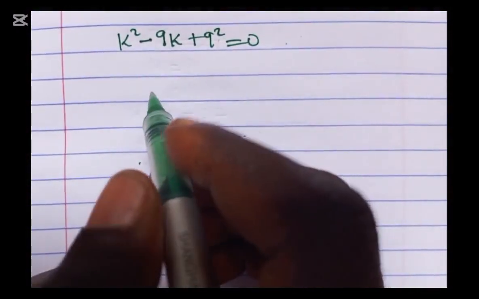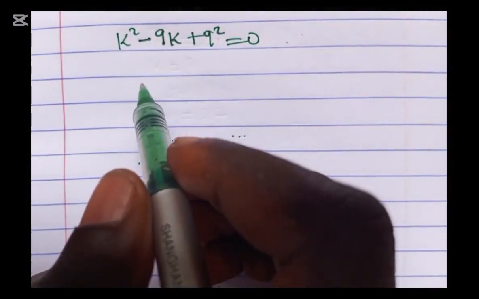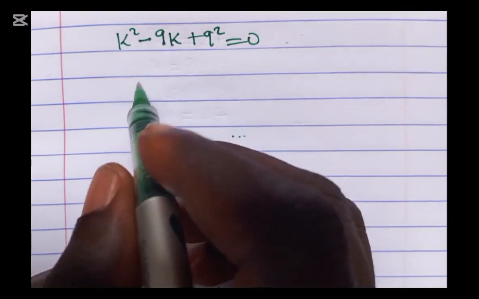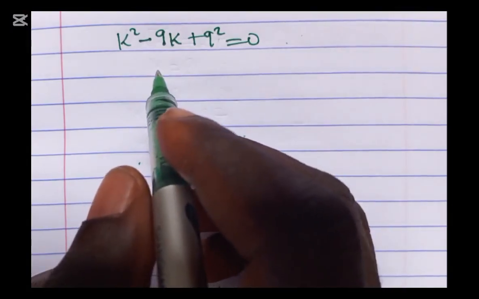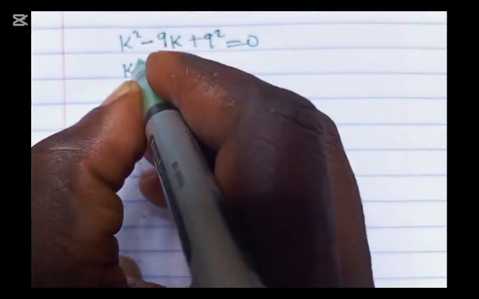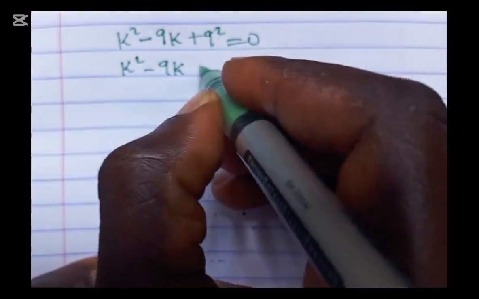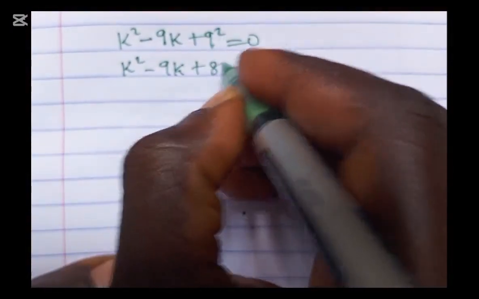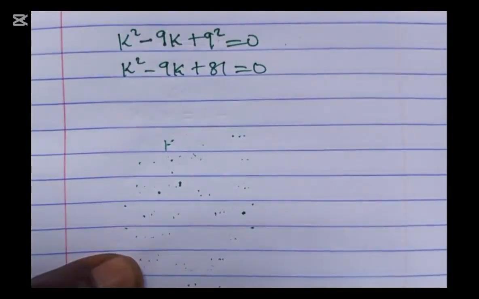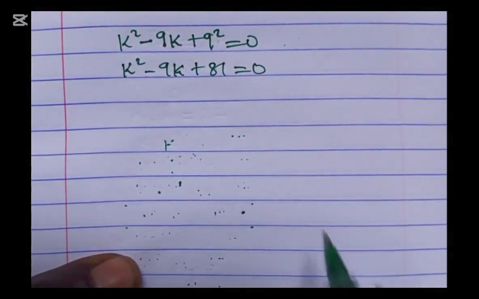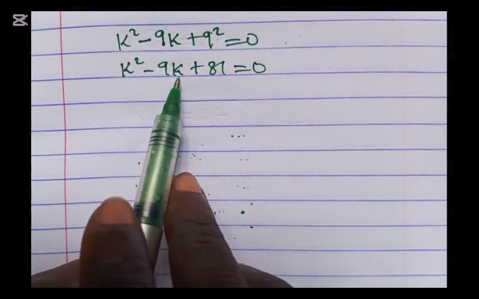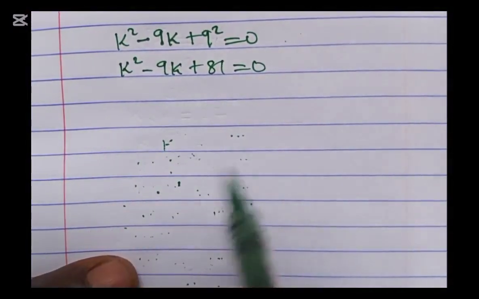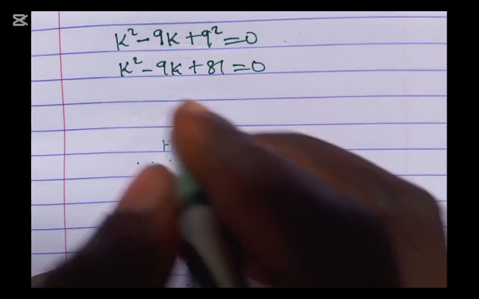Then we are going to solve this quadratic equation. So this can give us k squared minus 9k plus 9 times 9, that's 81, equals 0. Okay? If you look at this now, we can use the factorization method. So let's use the formula method to solve it.